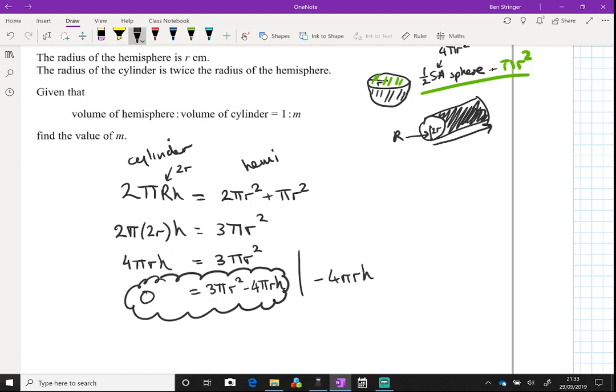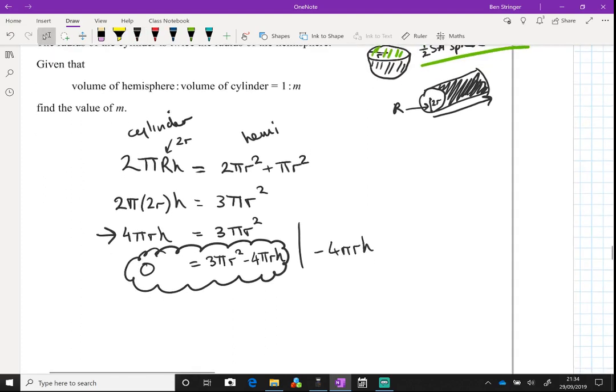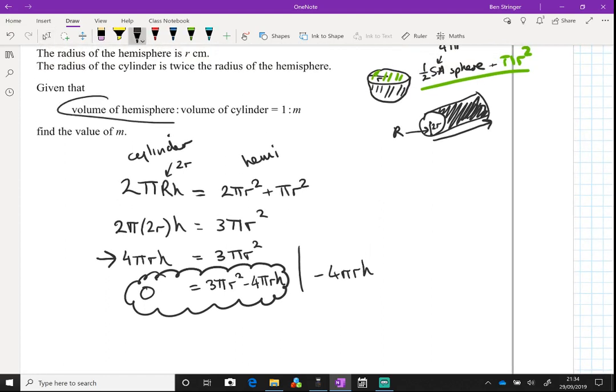We could say that if we like. It says, given that the volume of a hemisphere to the volume of a cylinder, oh, we don't have the volume of the hemisphere or the volume of a cylinder yet, but we've got this little statement here for a moment.